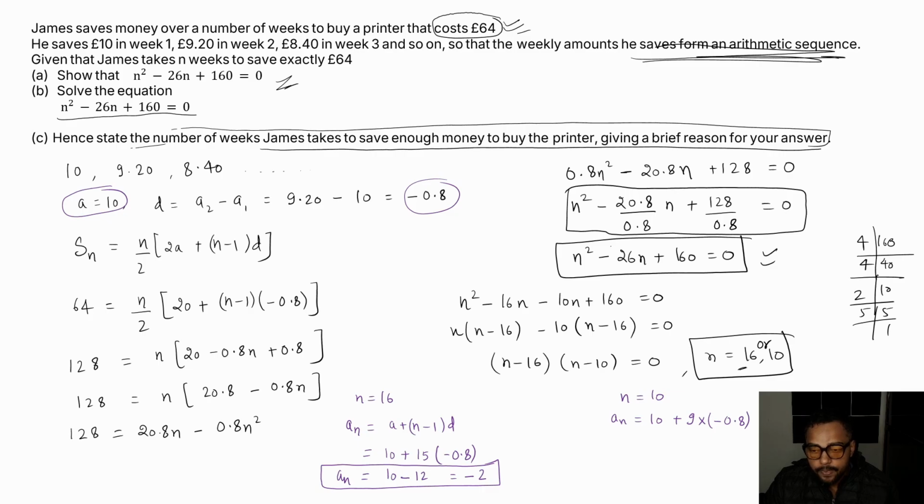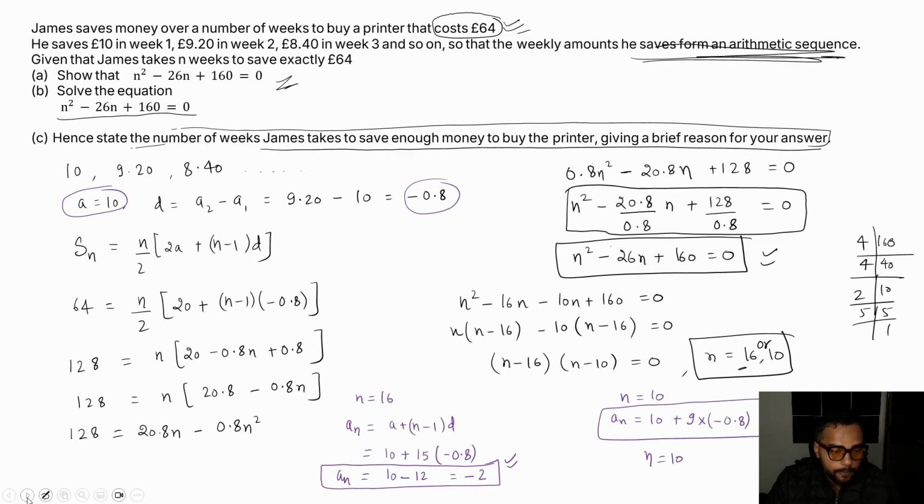So we can say that an here will be equal to 2.8. So why is this not possible and why is this possible? n equals 10 is the only possible one, students.